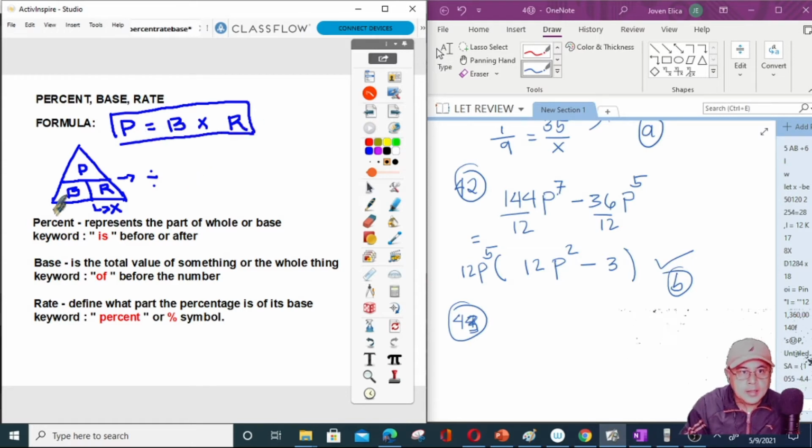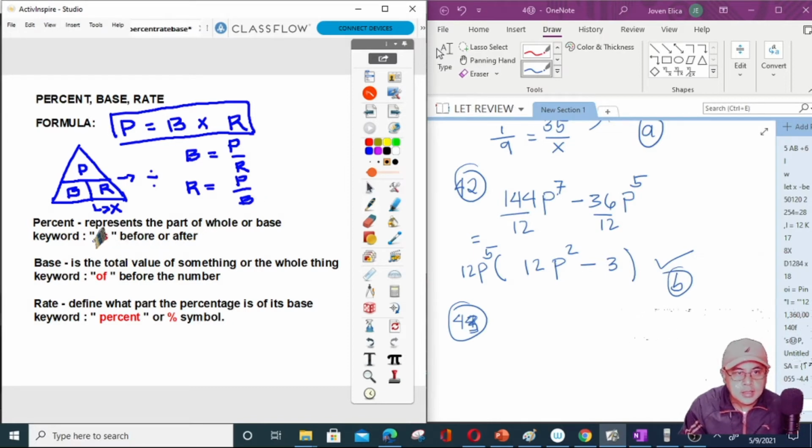And if you want to find B, the base, B is equal to P over R. And if you want to get the value of the rate, R is equal to P over B. P is always the numerator.